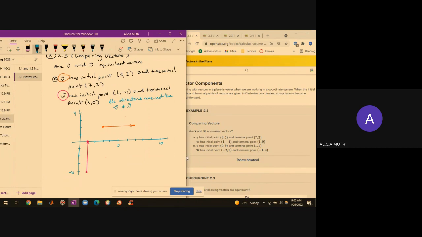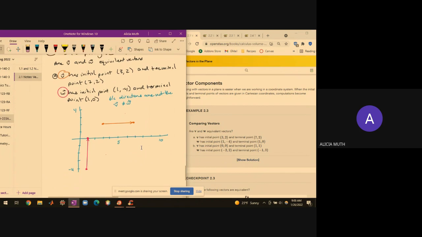All right, now let's take a look at B. So for part B, we're starting at the origin.